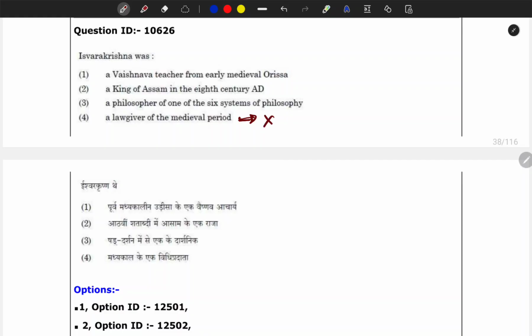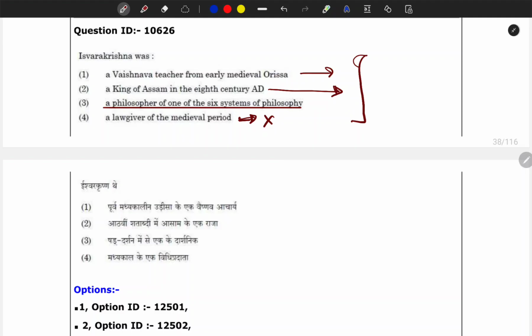Do you think that he was a king in the 8th century Assam? I don't know. This also I don't know. But the correct answer is that he was a philosopher of one of the 6 schools of philosophy in ancient India.